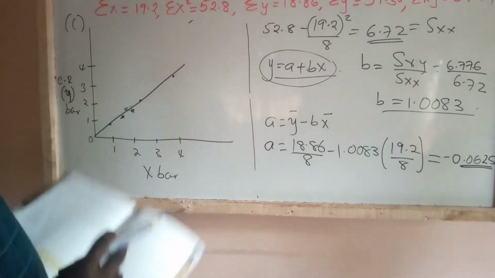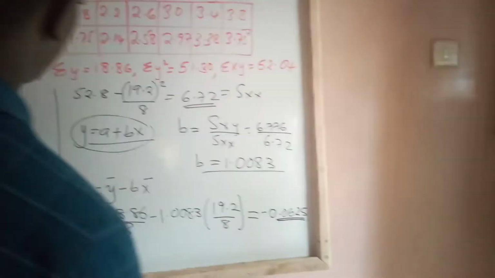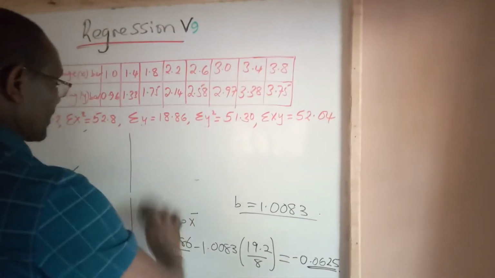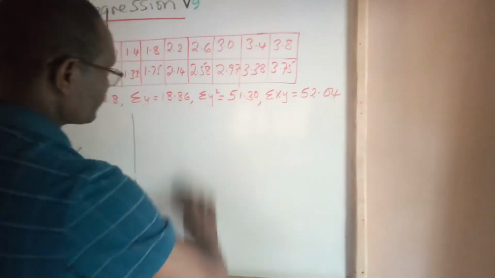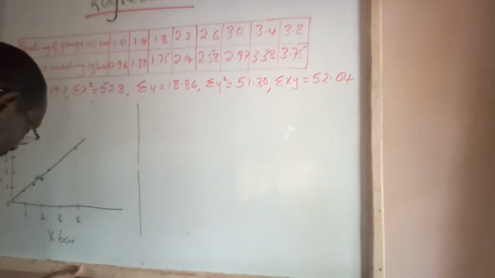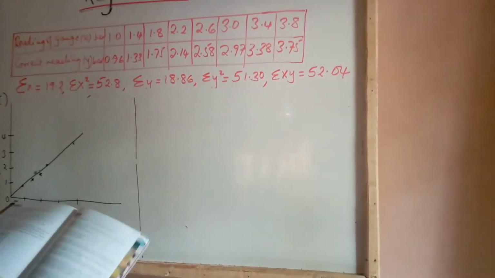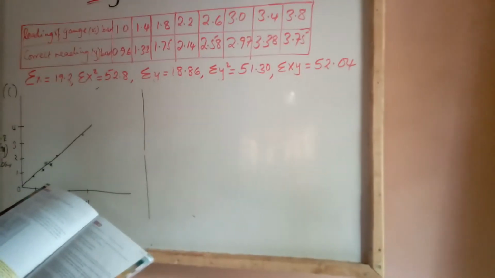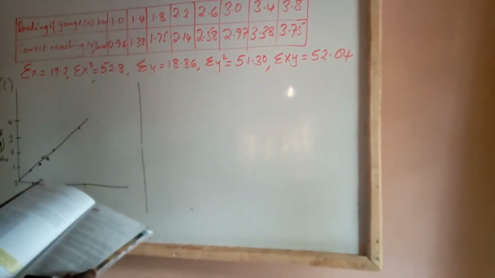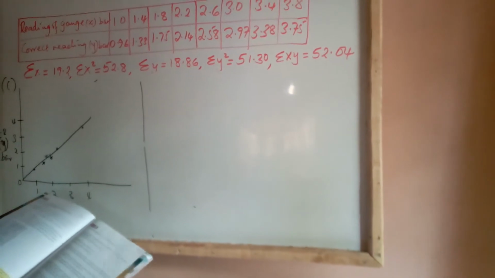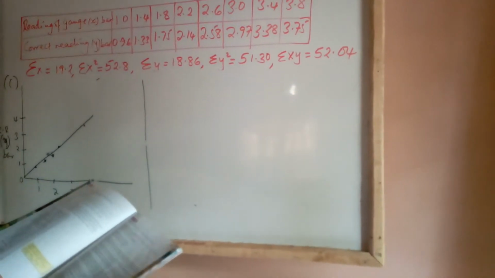Part D: we are expected to answer a question which says the gauge shows a reading of 2 bar. Using the regression equation, work out what the correct reading would have been.